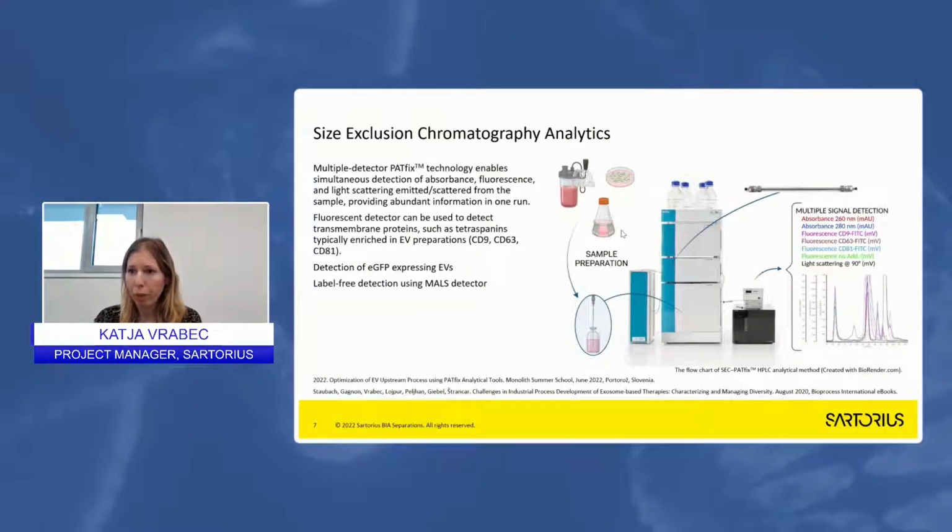First, how do we use size exclusion chromatography analytics on PATfix for detection of extracellular vesicles? PATfix is a multiple detector system. The technology enables simultaneous detection of absorbance, fluorescence, light scattering, and emitted scatter from the sample, which provides a lot of information in one run.